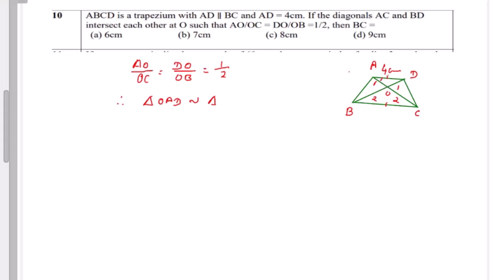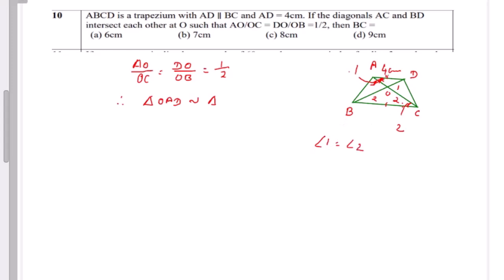In triangle OAD, this angle and this angle are equal. These two are parallel lines, and suppose this is angle 1 and this is angle 2.